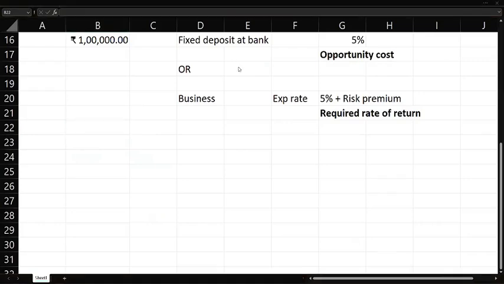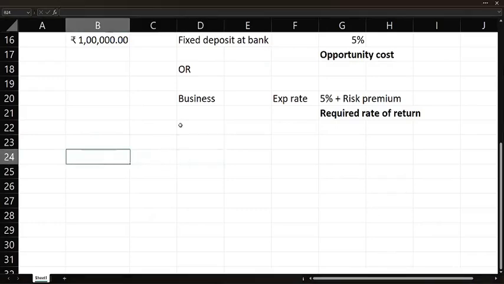Fine. Next, I have a question for you. Try to guess this and try to answer this. I'm writing a statement that real rate of return is equal to risk-free rate.